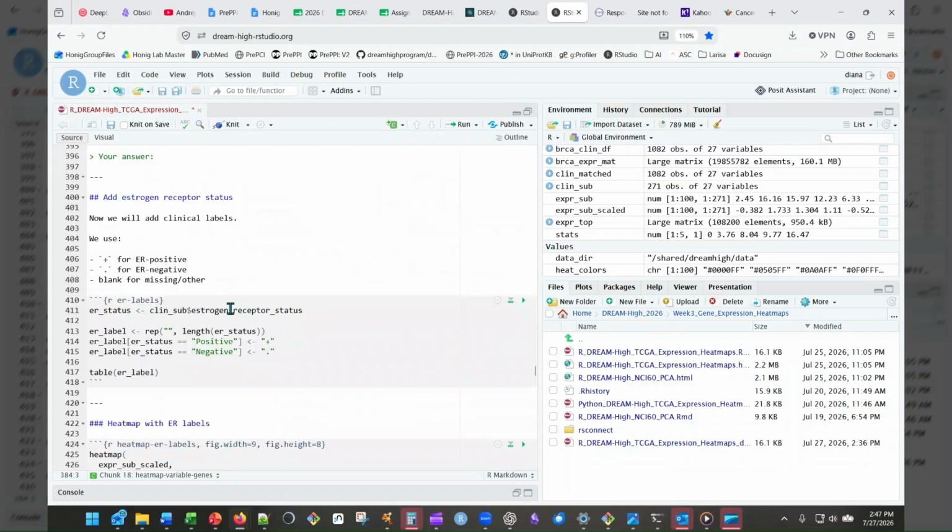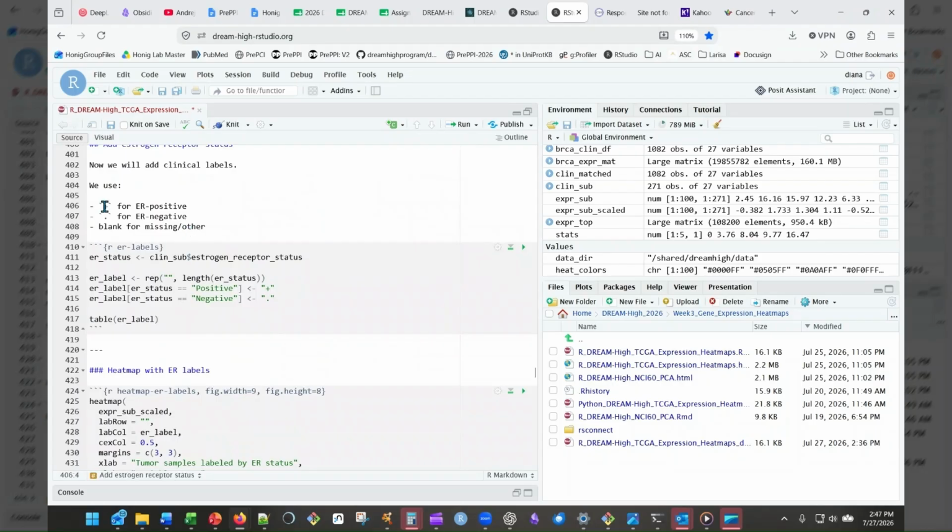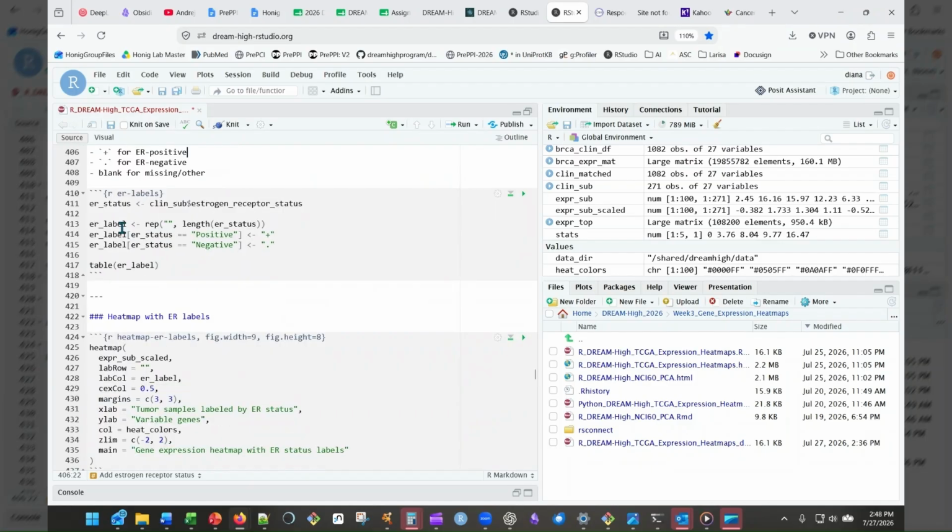And now we're going to add the estrogen receptor status. To make it easy on us, we're going to use a plus sign for estrogen receptor positive patients, and just a dot rather than a minus sign for the estrogen receptor negative patients. So estrogen receptor status is from the subclinical matrix, right?